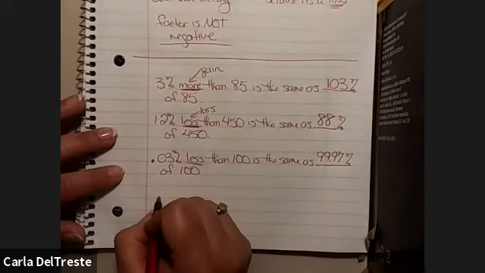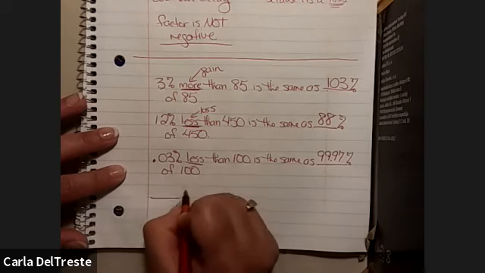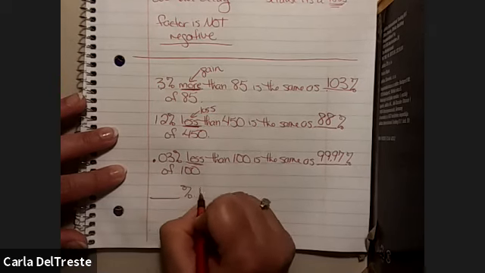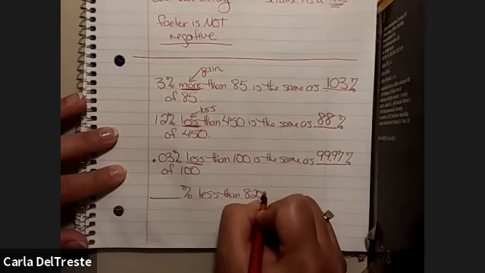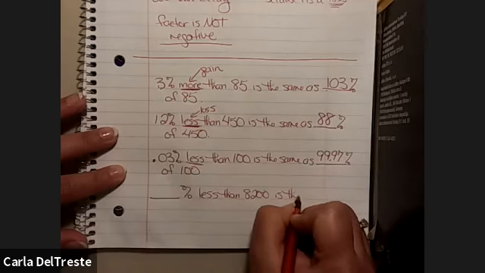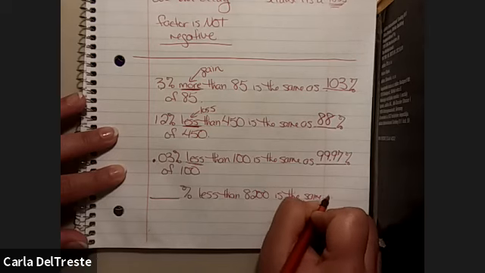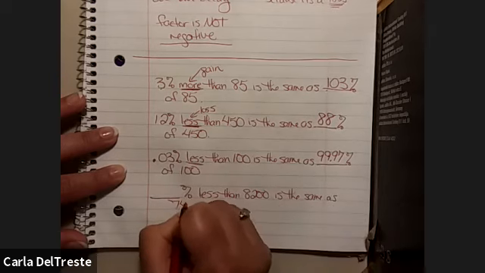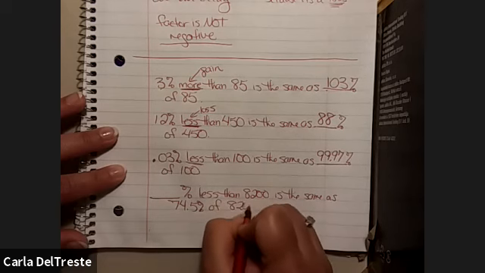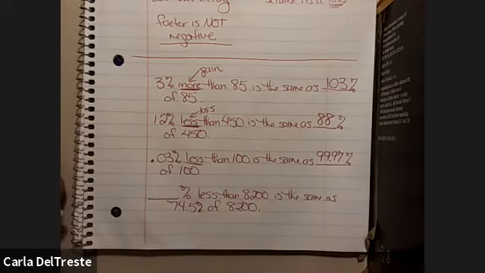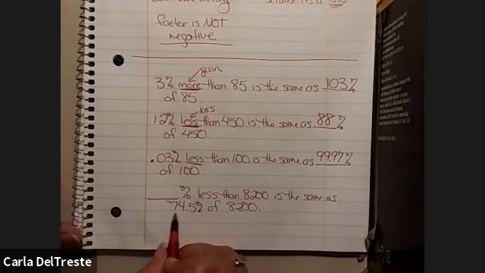Last but not least, what percent less than 8,200 is the same as 74.5% of 8,200? This is how much we're keeping.